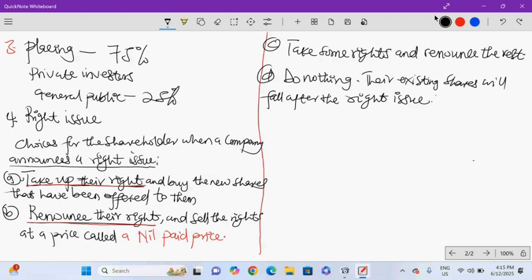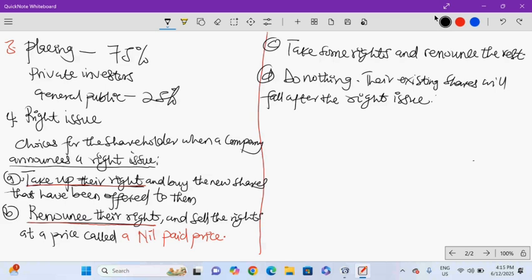Sometimes when something is happening, you just stay back and watch. It's also a form of strategy. But here, if they do nothing, their shares would actually fall.